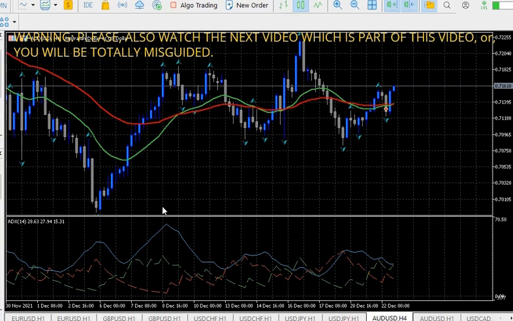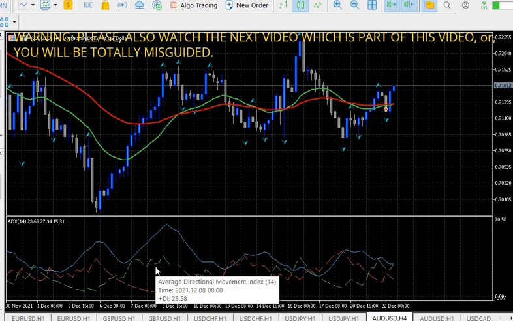For your convenience, I'm using two moving averages here: one is moving average 20 and the other is 50. If you don't like a hedgy chart or like minimal trading, like me, then you can use only one moving average and this indicator. But if you use two moving averages and ADX as the prime indicator, then you will get the best results from the market.